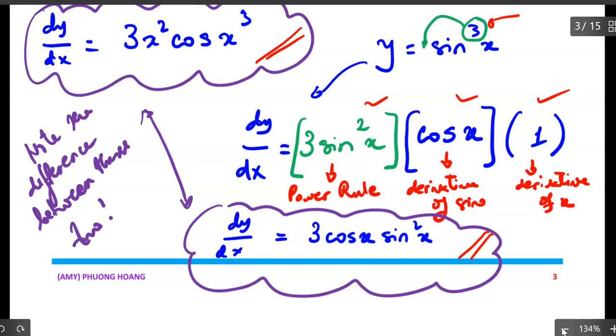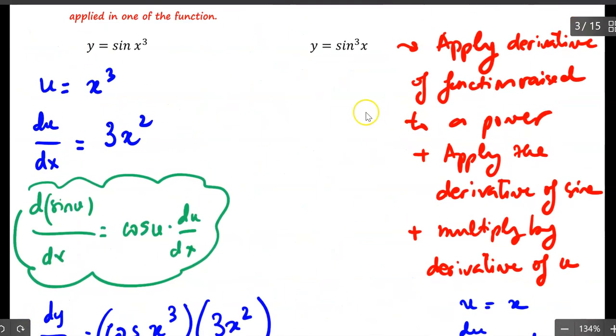One has the function's argument raised to the exponent 3. Here you raise the entire trigonometric function to the exponent 3.